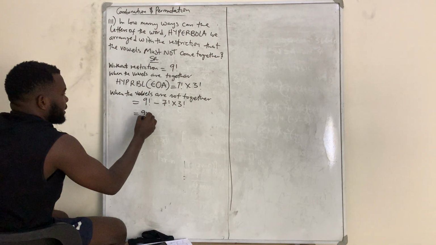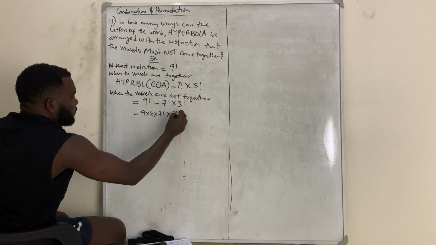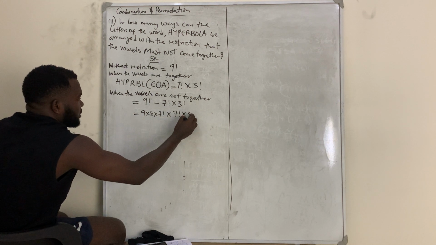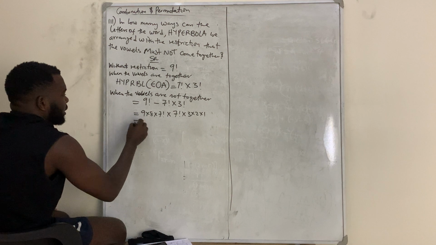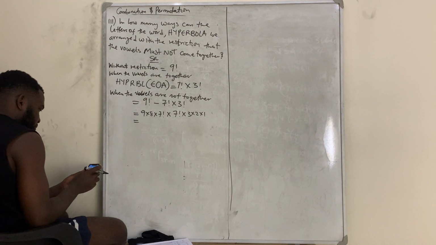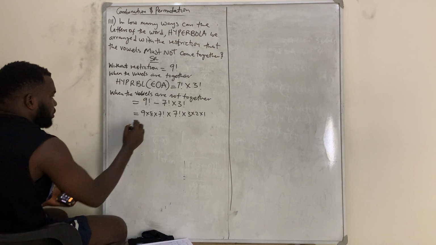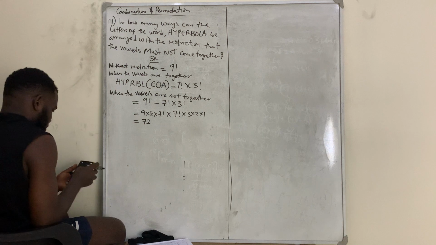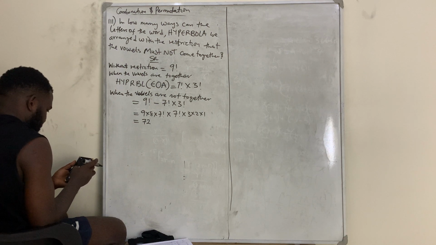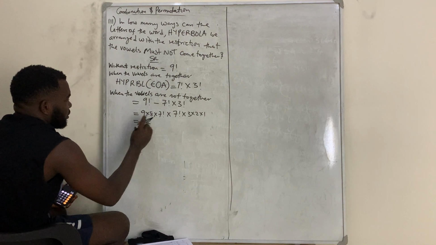So this is 9 times 8 times 7 factorial, minus 7 factorial times 3 times 2 times 1. Now 9 times 8 is 72. So I have 72 in bracket.